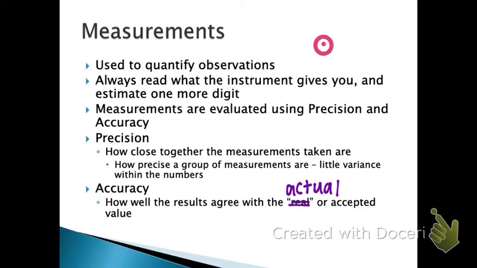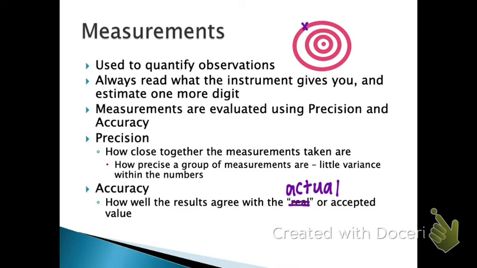Trying to make a bullseye. Yeah, it's pretty close. Okay, if I'm looking at this bullseye here and all of my attempts at hitting that bullseye are right there, what are my measurements? Are they accurate or are they precise or are they both? They're precise, but are they accurate? No, right? Because they're not really close to the bullseye.